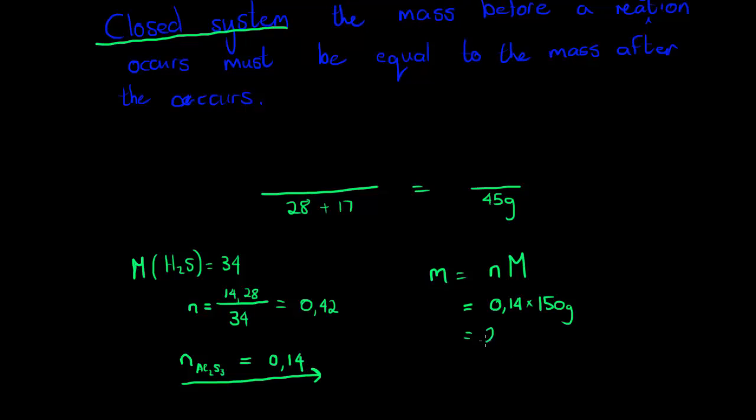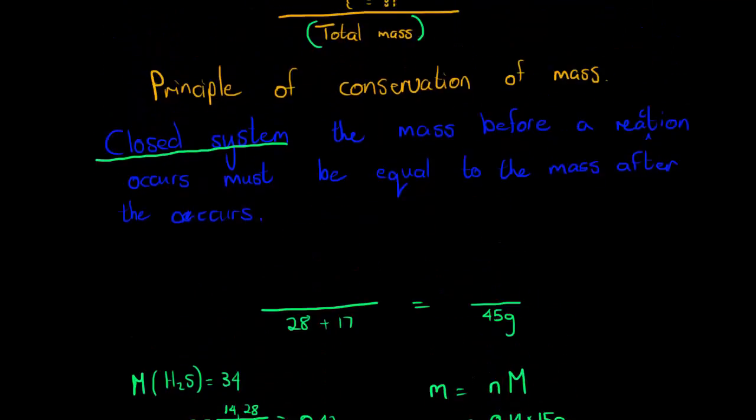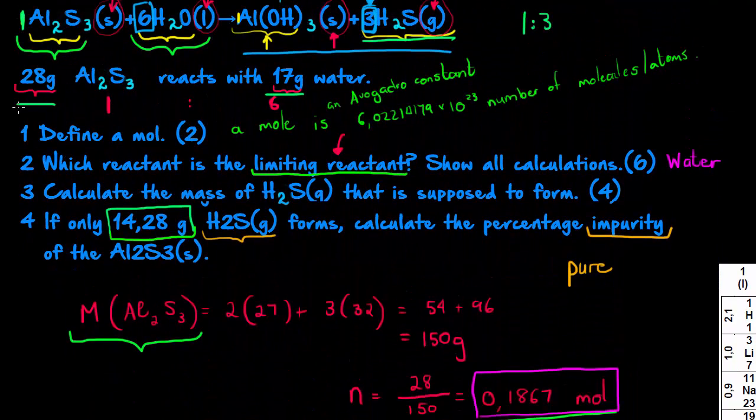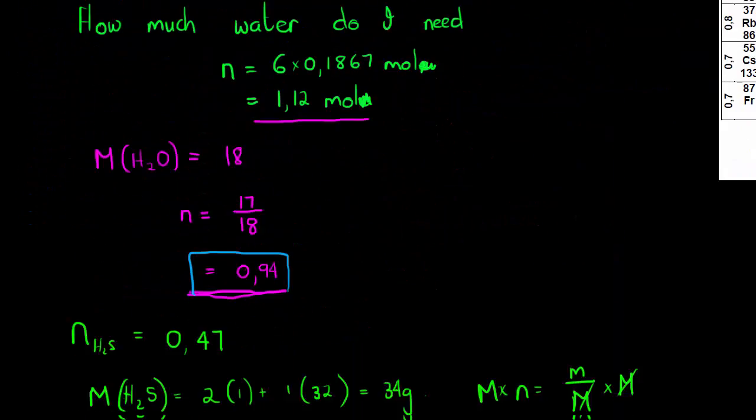So 21 grams was used, which means of my 28 grams, I still have 7 grams of impurity. 7 grams has still not been used up.